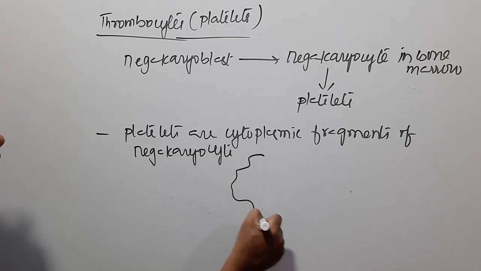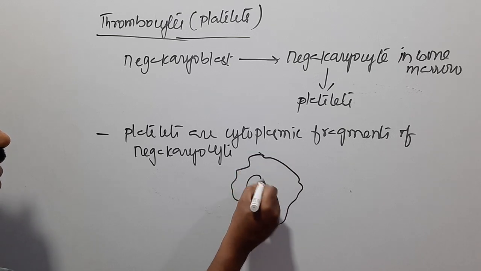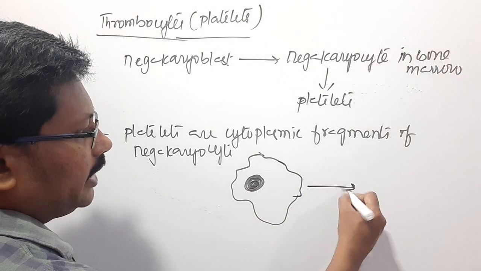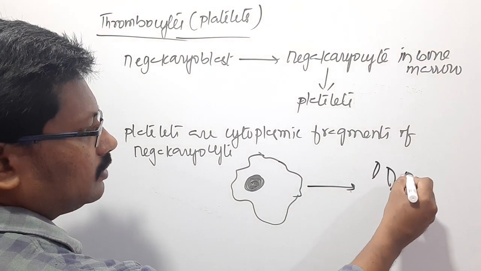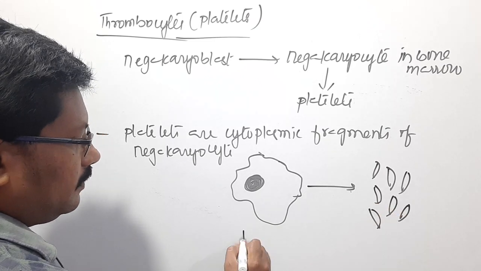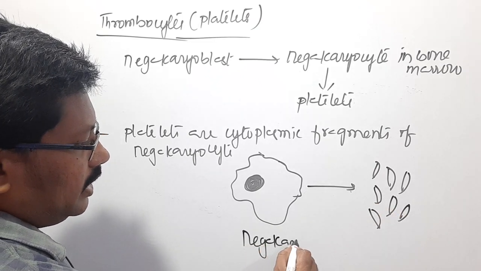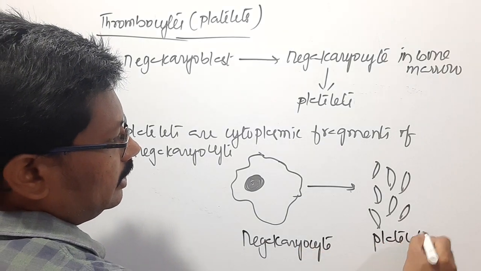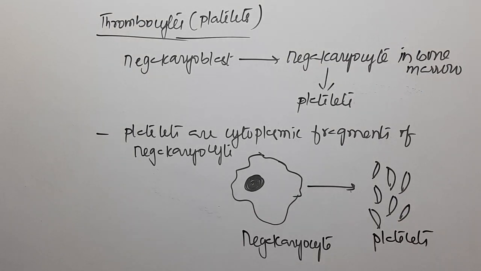So this is the megakaryocyte, and this megakaryocyte will give rise to the cytoplasmic fragments. You can see here the megakaryocyte, and these are the platelets.